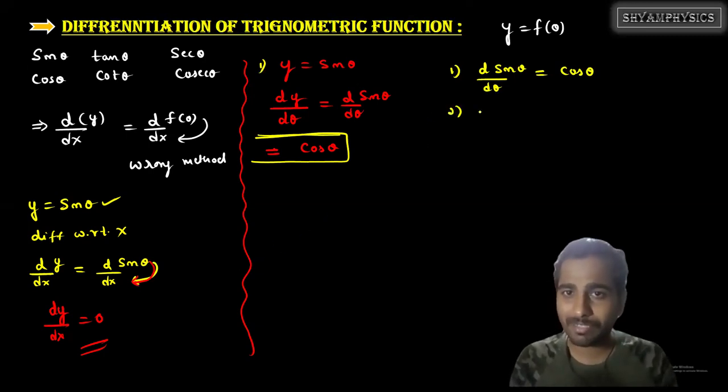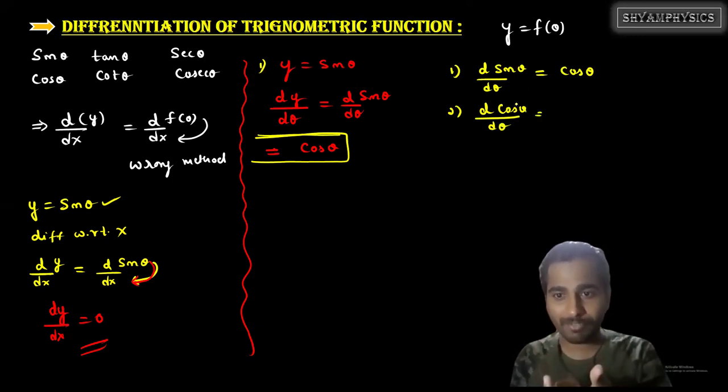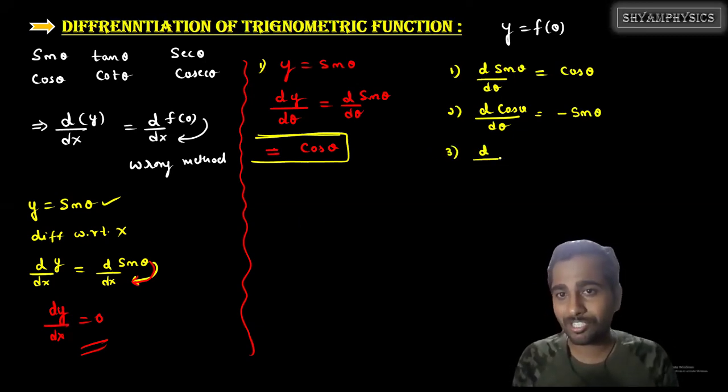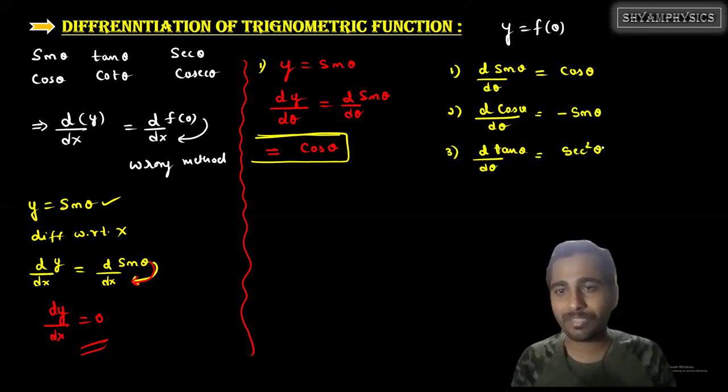Next one, second one, differentiation of cos theta with respect to d theta. The function here is cos theta. If you differentiate cos theta, the answer will come minus sin theta. Okay. Next, third one, differentiation of tan theta. It will come secant square theta. Similarly, fourth one, differentiation of cot theta is equal to minus cosecant square theta.